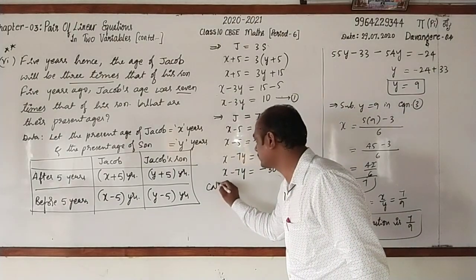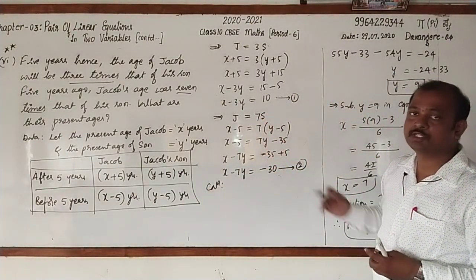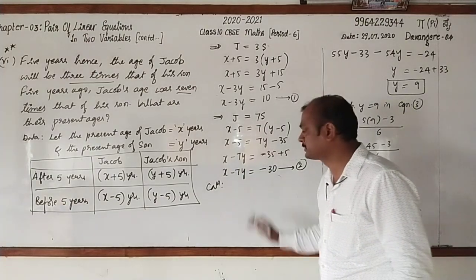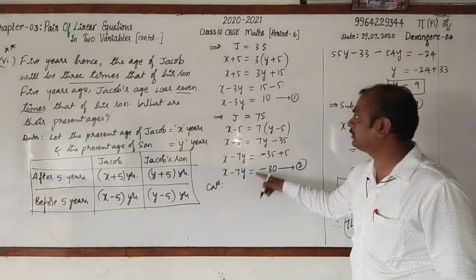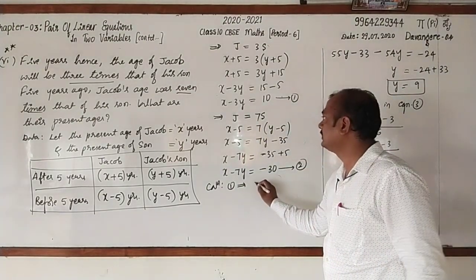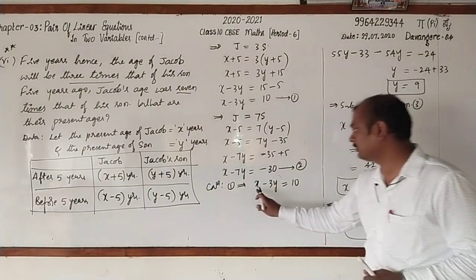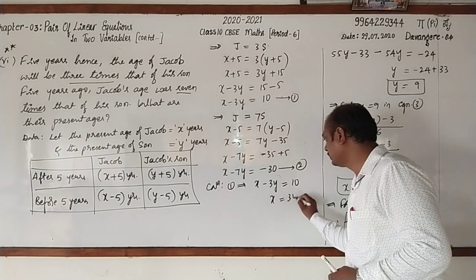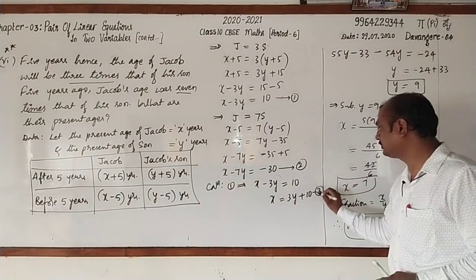Now let us go for solving these equations by the substitution method. Observe. Choose any one of these two equations. I go for the first one, it will be easier. It is x minus 3y is equal to 10. Solve for x. x equal to 3y plus 10. Call it equation 3.